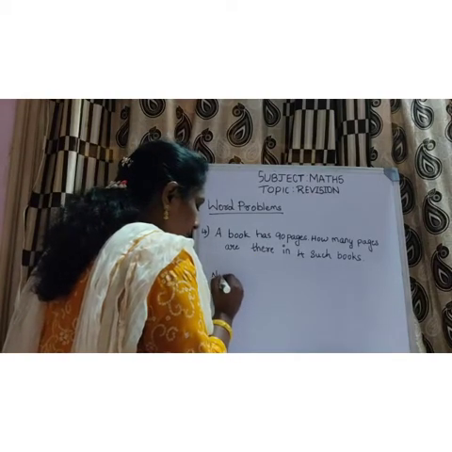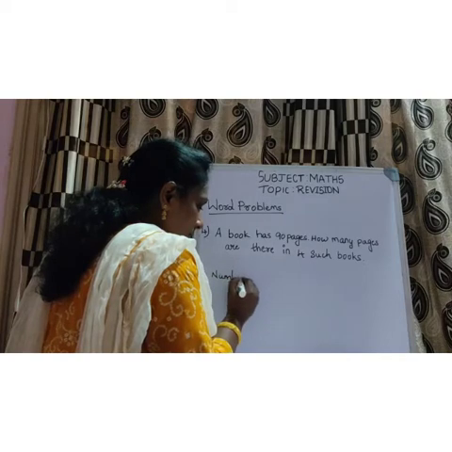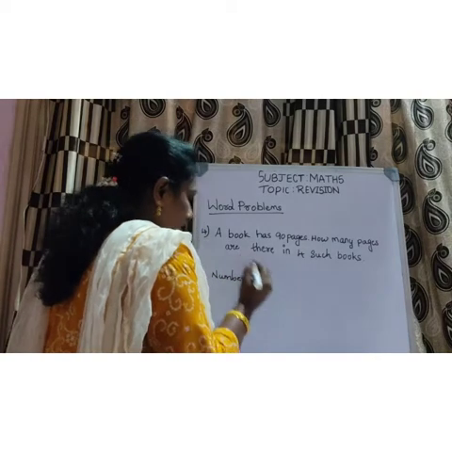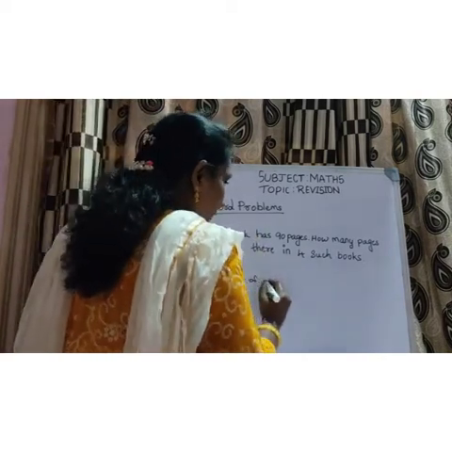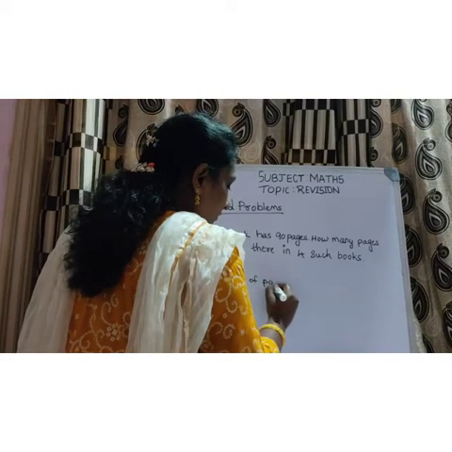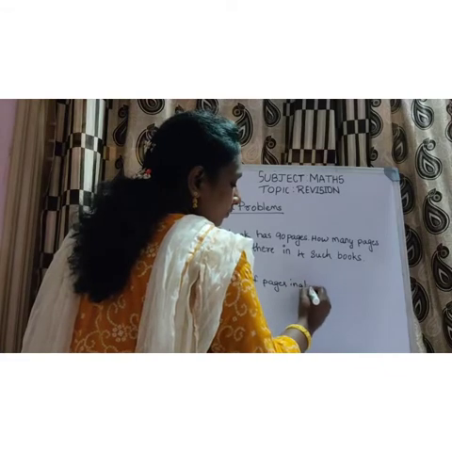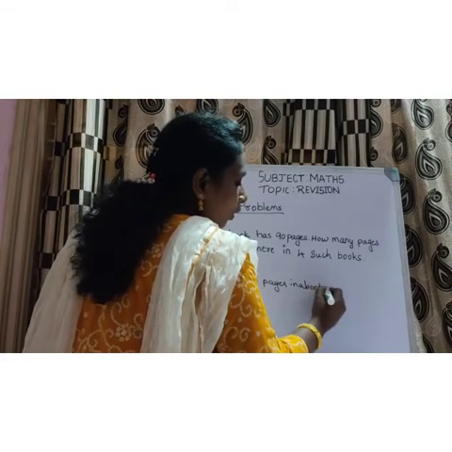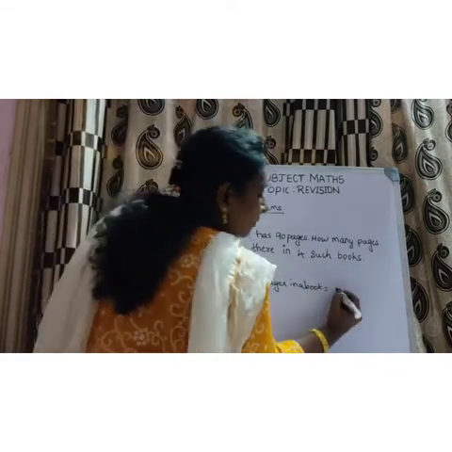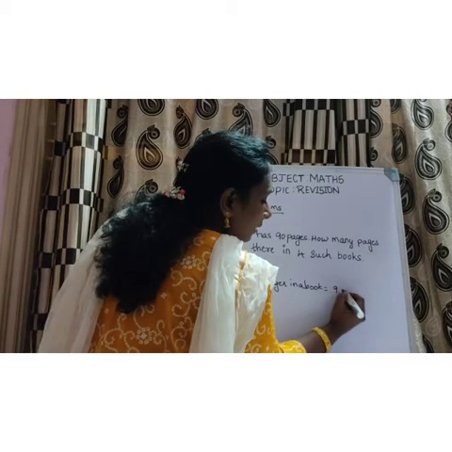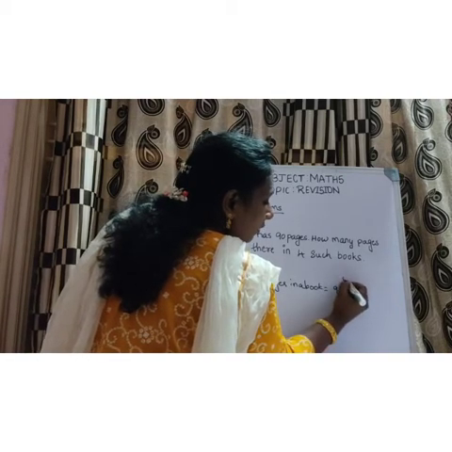Number of pages in a book. So in a book how many pages are there? 90 pages are there. So write here 90. On top of that, what should you write?